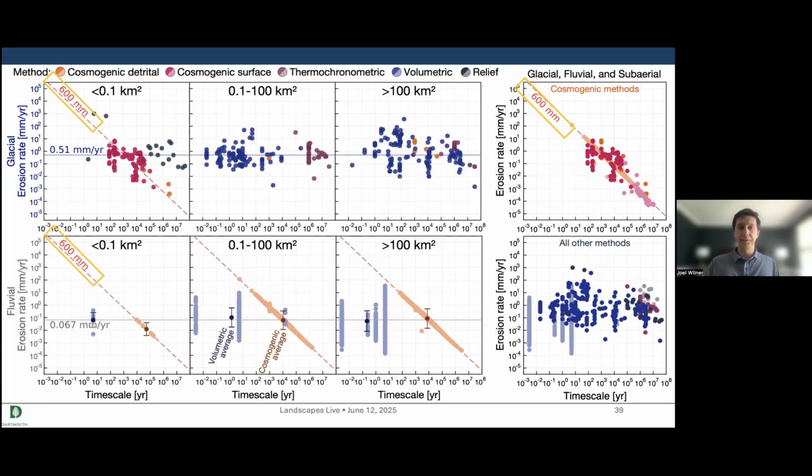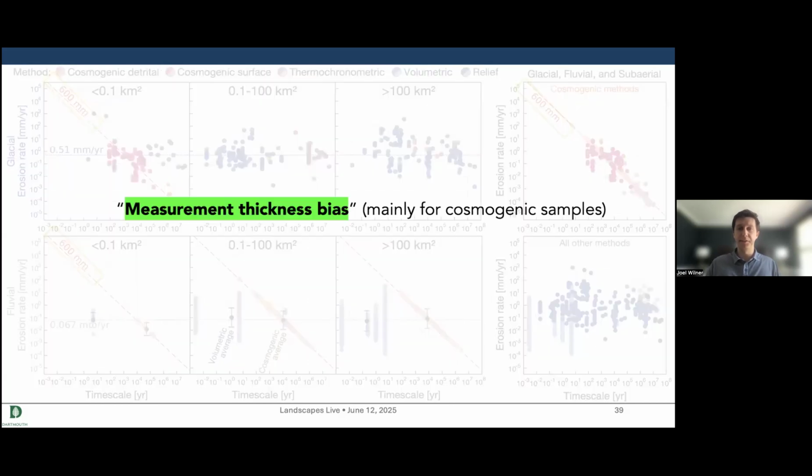So we deem this to be a measurement thickness bias that manifests most notably for cosmogenic samples. So this particular flavor of the Sadler effect is a measurement thickness bias, we presume.